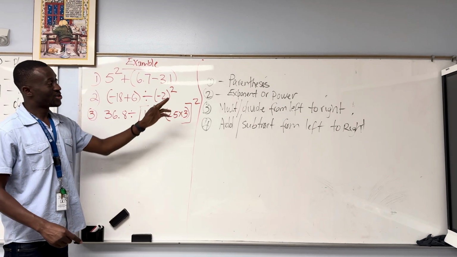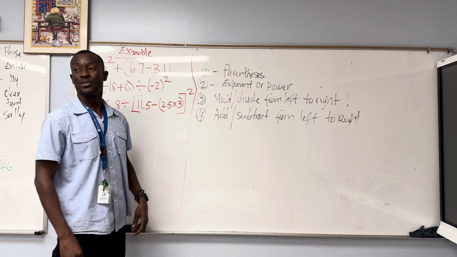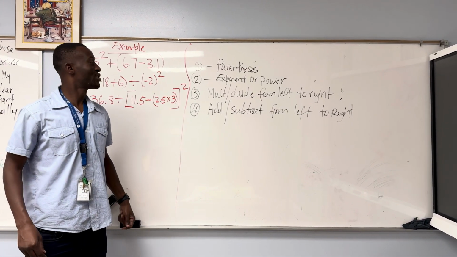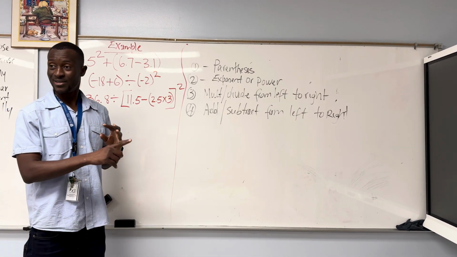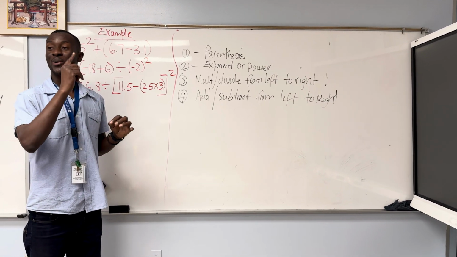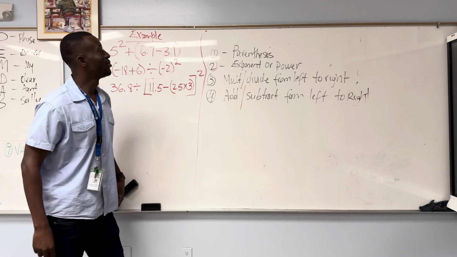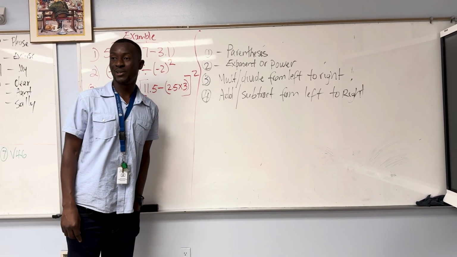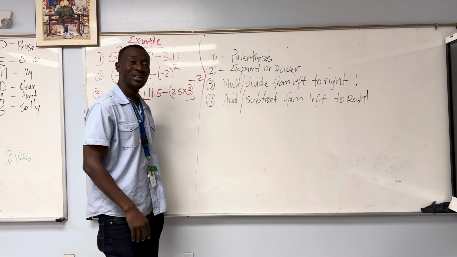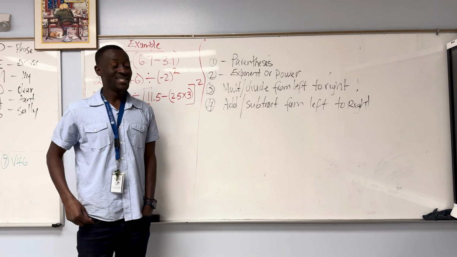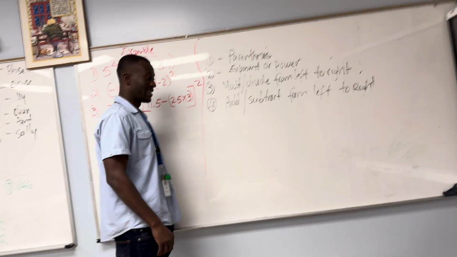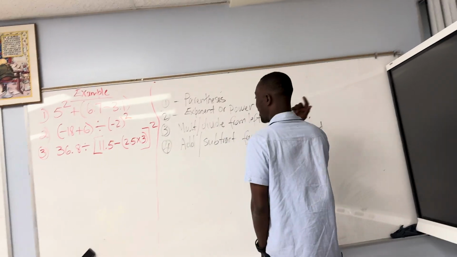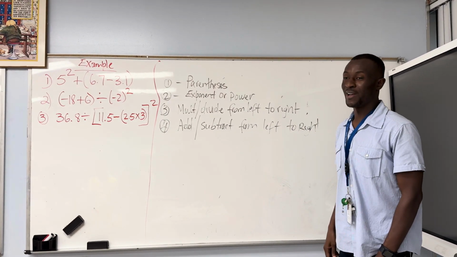To evaluate the value of any expression, we work with parentheses first. Second, we work with exponents or powers. Third, you multiply or divide from left to right. And the last one, you add and subtract from left to right.